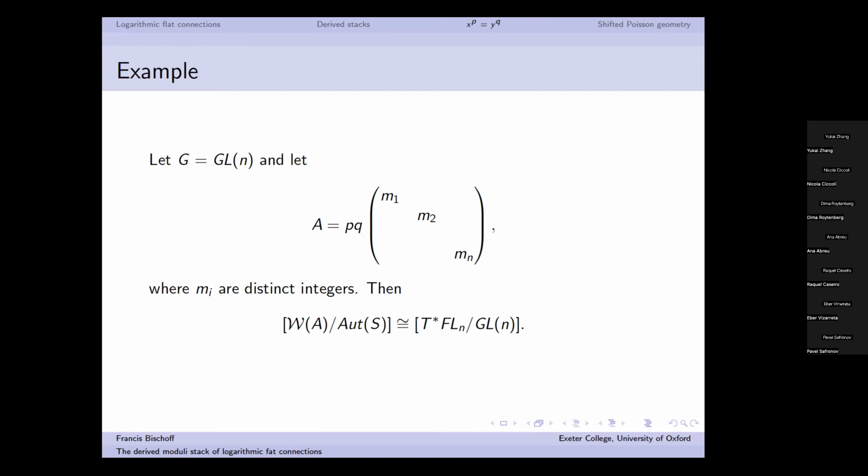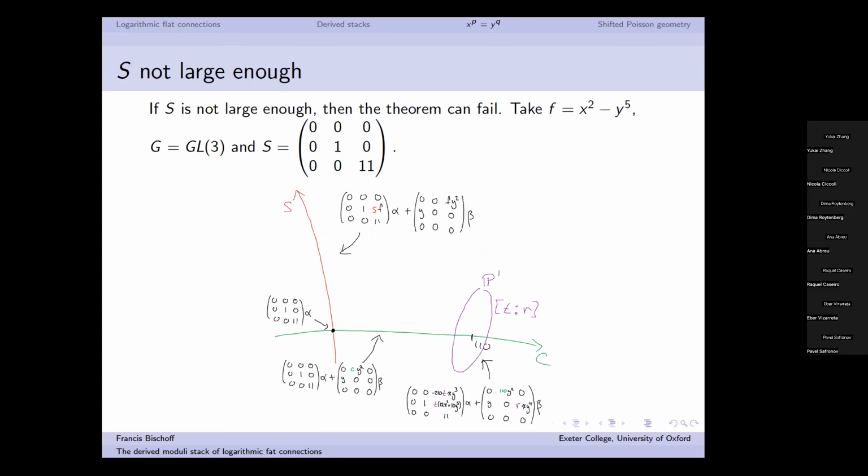When the condition on S is not satisfied, it can be a bit more complicated. Here's a cartoon picture of what the moduli space looks like for that function F, the group GL3 and that choice of the matrix. The part you can see from that derived vanishing locus is the red and the green, and there's an extra component shooting off far away.